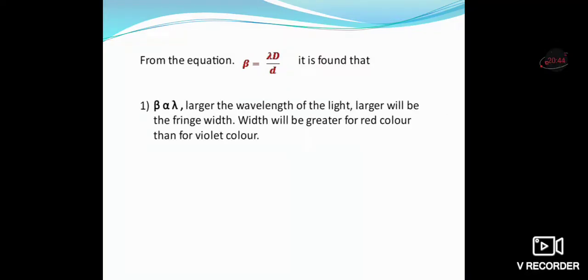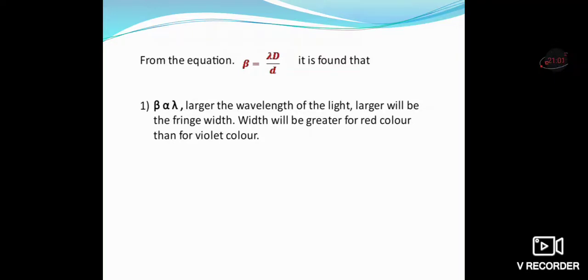From this equation we can find certain concepts. From beta is equal to lambda D by d, the first one is that beta is directly proportional to lambda. Lambda means the wavelength. So, the larger the wavelength of the light, the larger the fringe width.